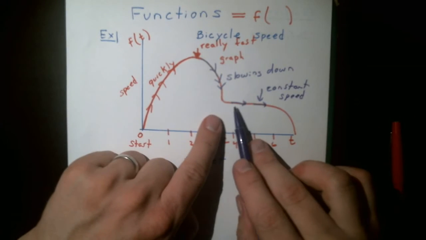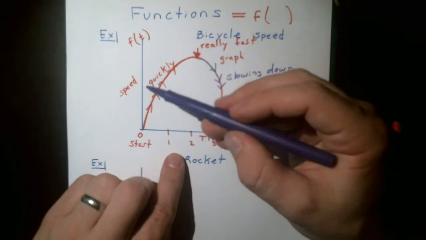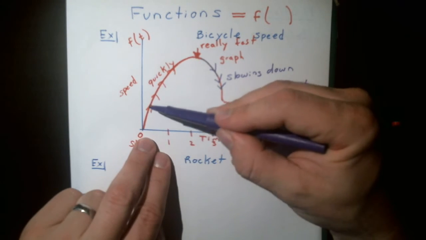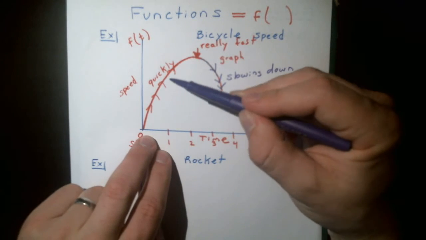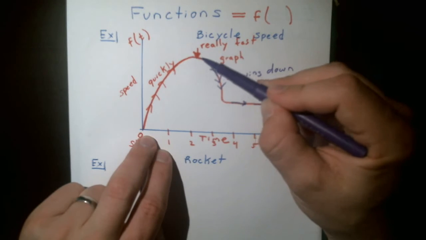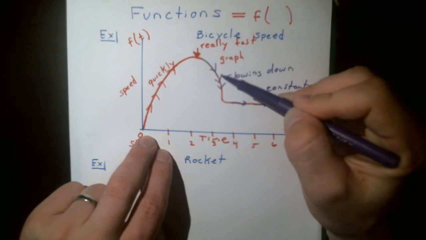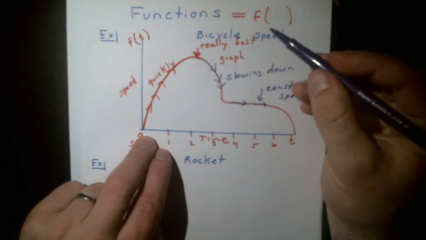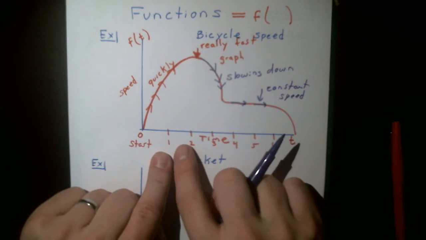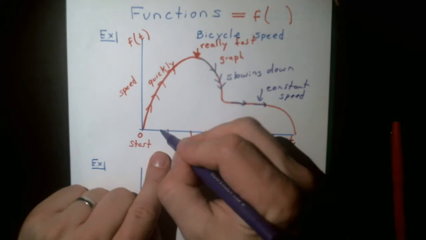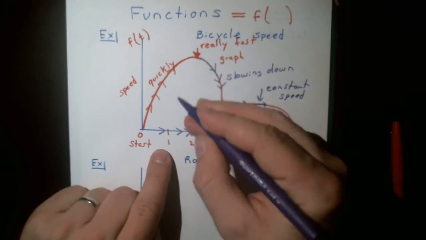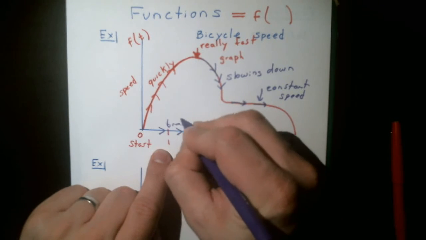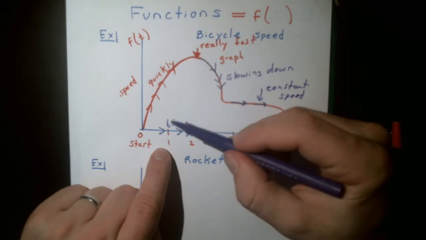So here you're on the bicycle. You're starting at 0. You quickly go. You're bicycling really fast, and then you get up here and you go really fast, and then all of a sudden you slow down. Maybe you're coming to a stop, or maybe you get really tired. And at the same time, your time is clicking. Your time is going while you're riding.